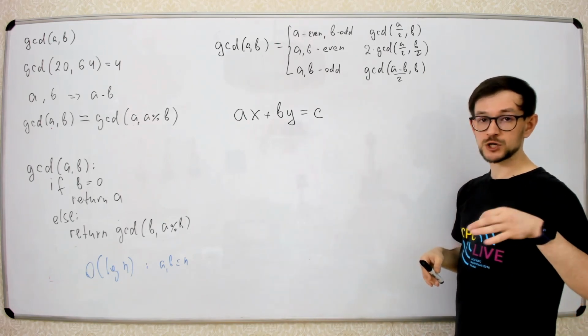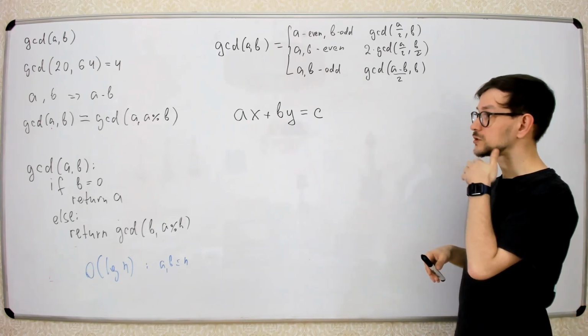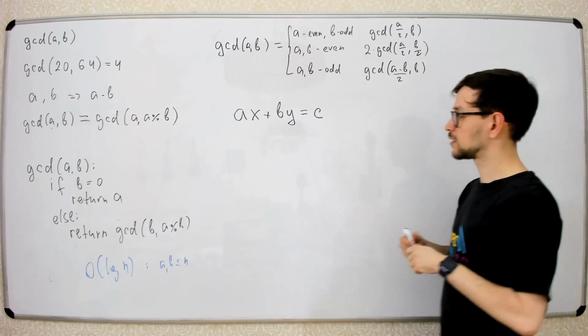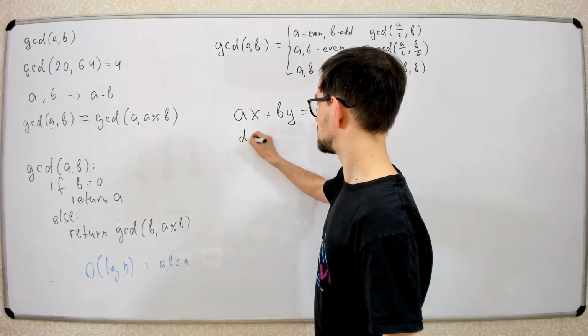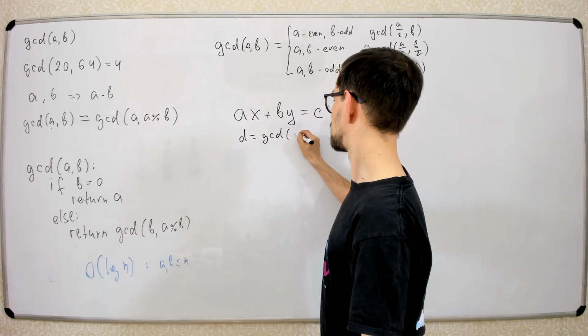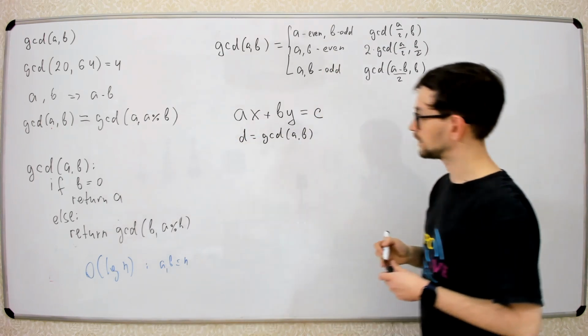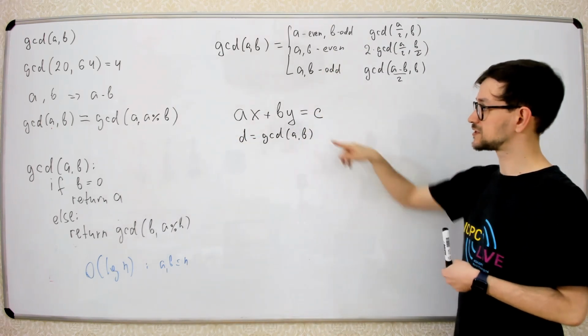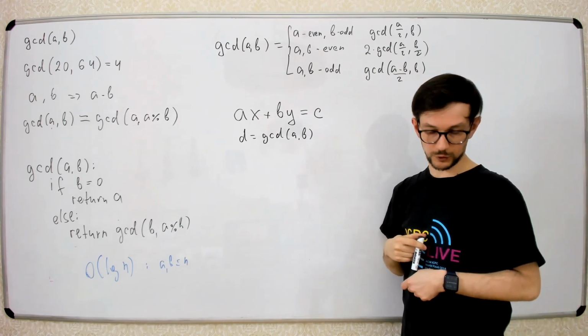How to solve diophantine equations using the Euclidean algorithm? Well, first let's see. If D is the GCD of A and B, then what can we say about this number C? What do you think?